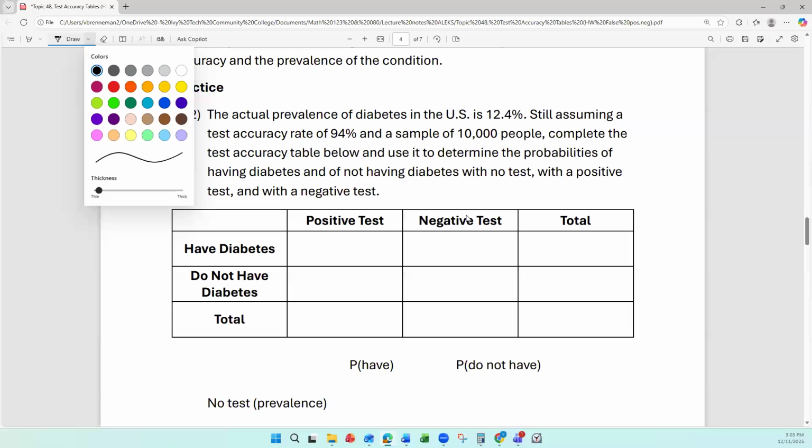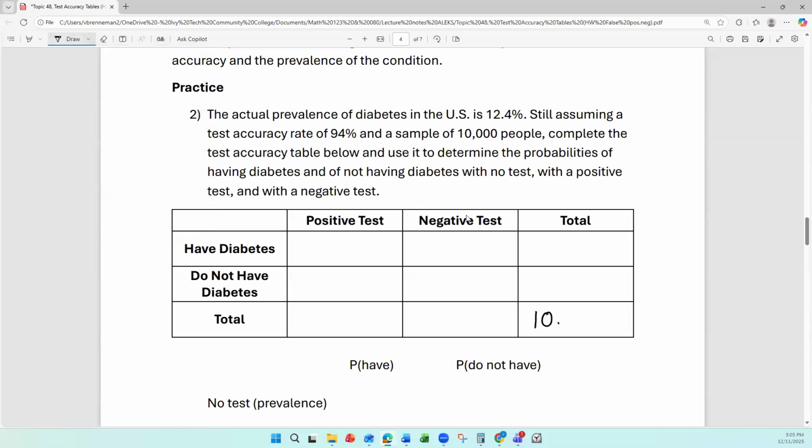So our initial given information: we have 10,000 for the total, 12.4% prevalence, which is the percent of the total population that has diabetes, and then 94% test accuracy. So 94% of those that have it get a positive test, and 94% of those that don't have it get a negative test.